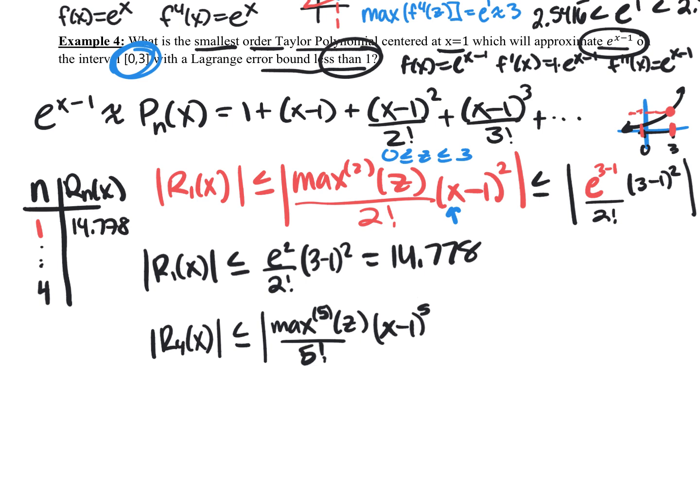So this should be the 5th. This, again, because we don't have a particular value of x on our interval 0 to 3, the biggest this value will be is when x is 3. So we're going to put a 3 in here for x. This will be less than or equal to that for sure.